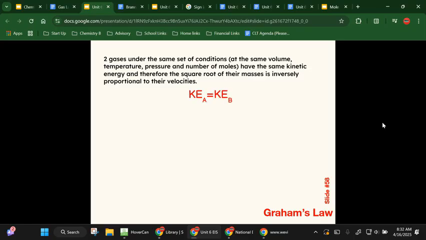So, I'm not going to make you memorize these formulas, but I'm showing you how I am about to get this right here. Kinetic energy of me and kinetic energy of Morgan are equal. Kinetic energy is 1/2 the mass times the velocity squared. That is the formula for kinetic energy. Again, I'm not expecting you to know that. A represents one of us, B represents the other.